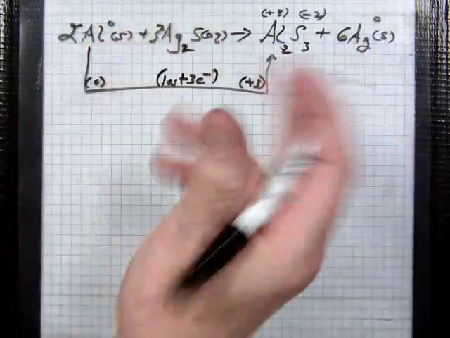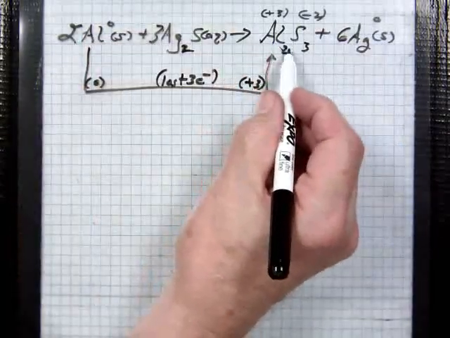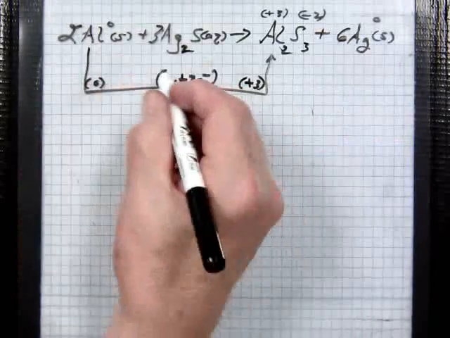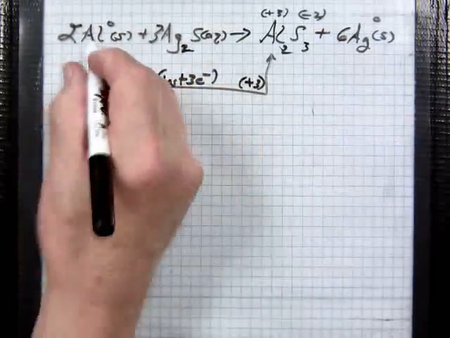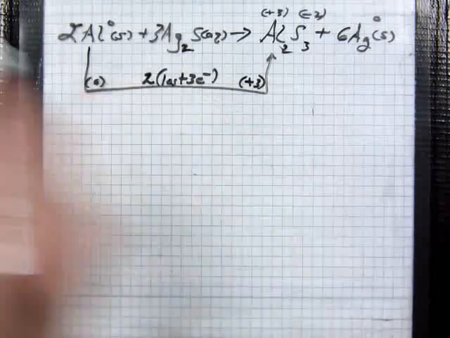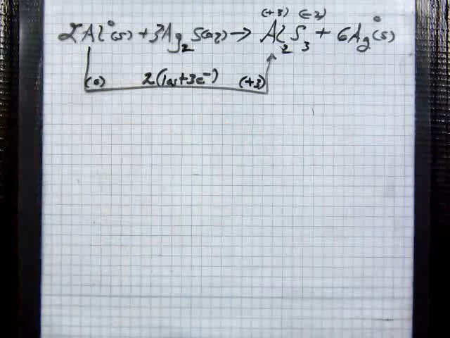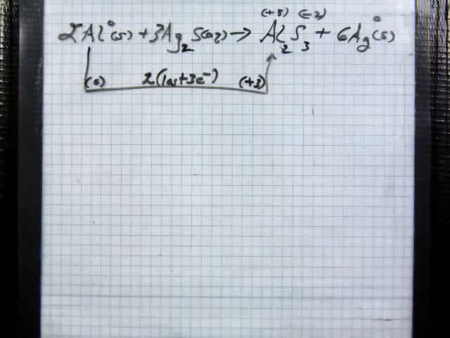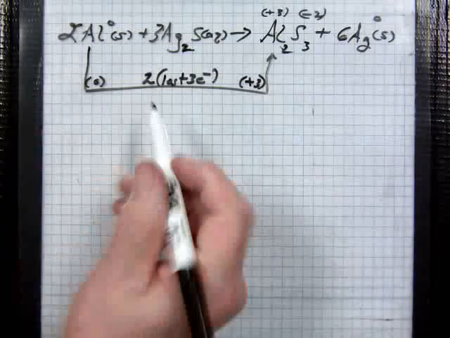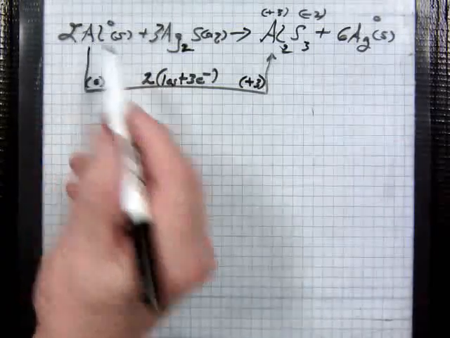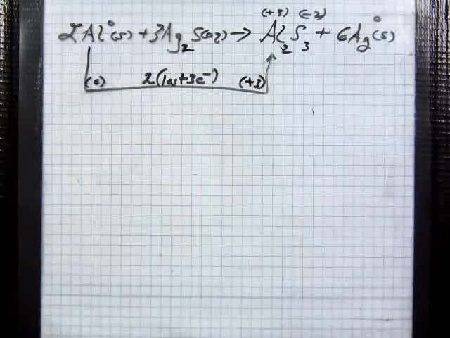We happen to have 2 of them in here, so we have to have 2 over here. So really, what you have is 2 aluminums, each one losing 3 electrons. And this is a unique mindset. If you're going to work in chemistry, you're going to have to develop that: how to look at an oxidation reduction and think in terms of how many of the elements are gaining electrons, how many are losing electrons. In this case, you have 2 aluminums, each one losing 3 electrons.